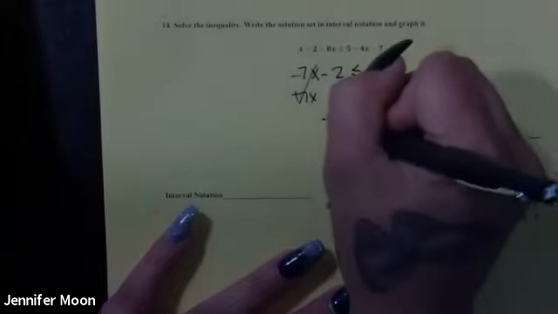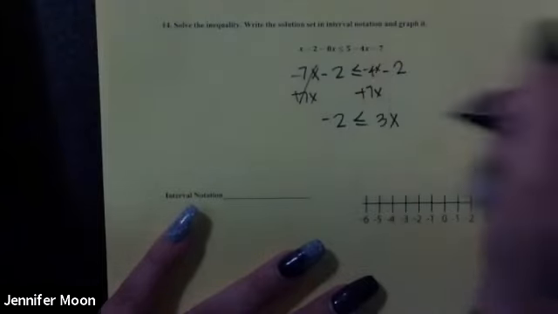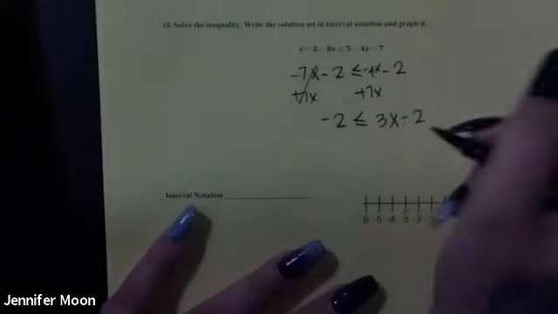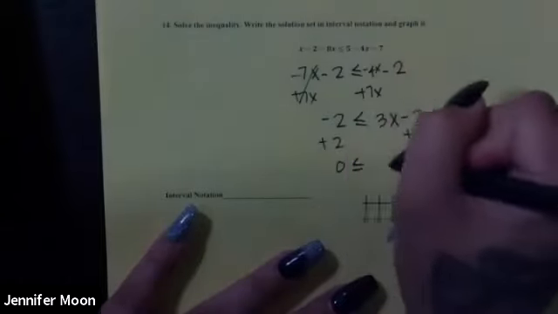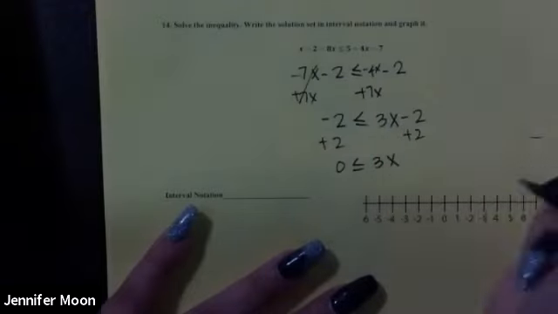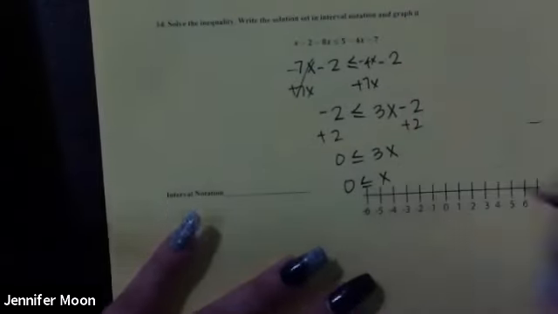That cancels here. -2 less than or equal to, signs are different. Subtract and keep and keep. We have our -2. I need to solve for my x. Move my 2. That gives me 0 less than or equal to 3x. Solve for my x. Divide both sides by 3. 0 is less than or equal to x.